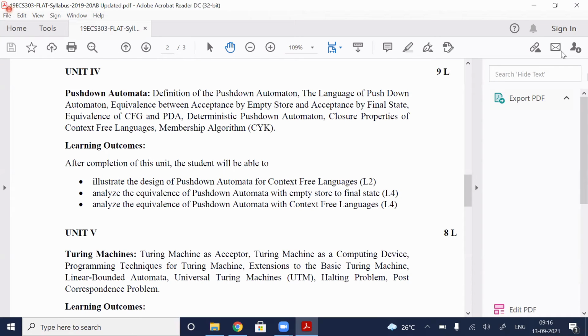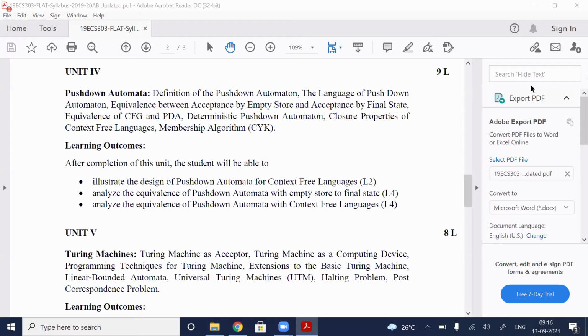Definition of push-down automata, the language of push-down automata, equivalence between acceptance by empty stack and acceptance by final state, equivalence of CFG and PDA, deterministic push-down automata, closure properties, and membership algorithm. These are the things we have in module 4. Okay, we'll see one by one. Today I'll introduce what push-down automata is, how it looks, and what the necessary conditions are to move from finite automata to push-down automata. All those things we'll see, and tomorrow we'll dig into the machine construction.